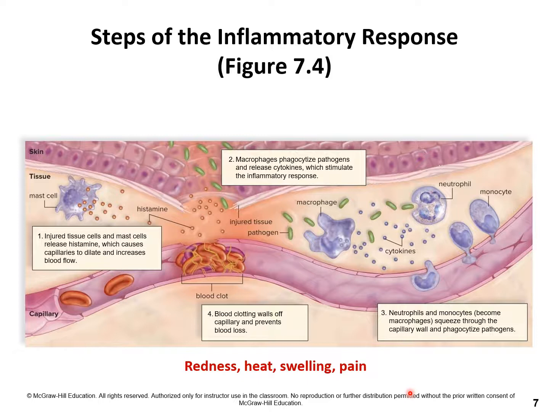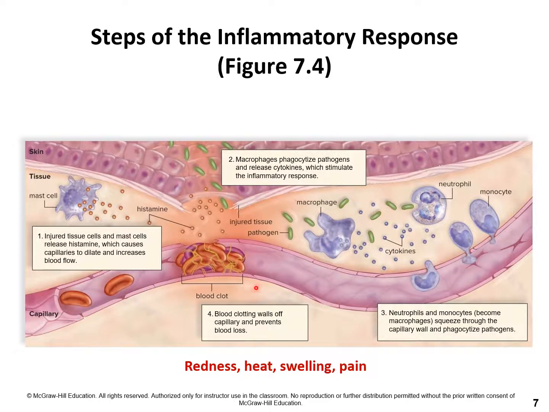And what happens during the inflammatory response is that in the first step, the injured tissue cells as well as other cells called mast cells that are located in the tissue will release something called histamine. And this histamine is a signal that causes the capillaries, the blood capillaries, to dilate and increase blood flow.